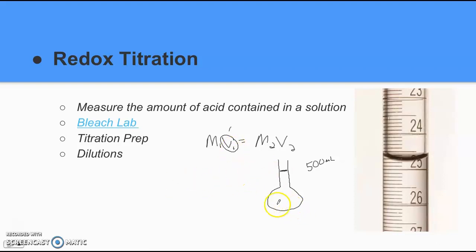But the process is you want to put some distilled water just part way up the bottom portion of the flask. And then you take however much of the concentrated solution you need, so whatever V1 is, and you add that to the distilled water that's already in here, so it's going to go up a little bit.